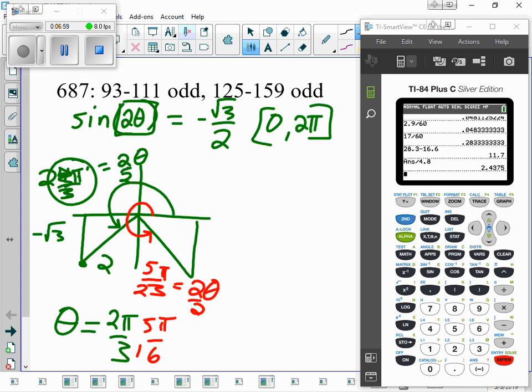And the answer is yes. Because if I do this, I go all the way around, and then I go to here. So that's basically, we're doing it thirds. So 3/3, 6/3, 9/3, 10/3.